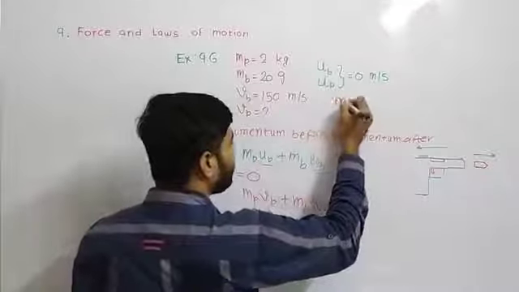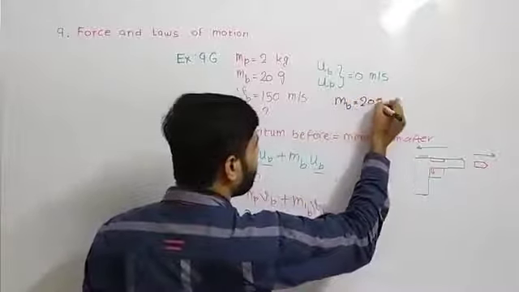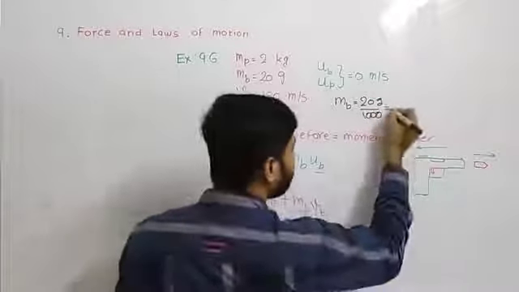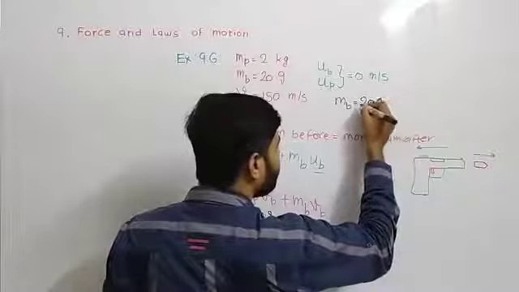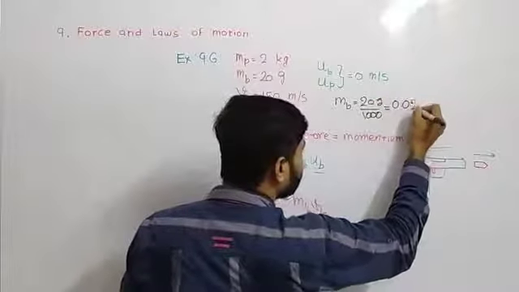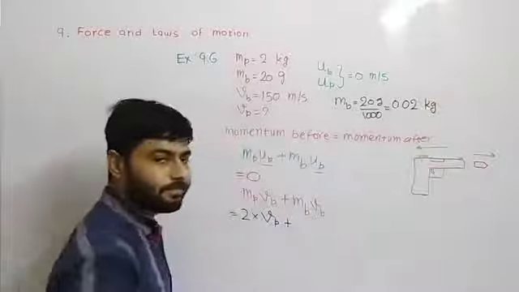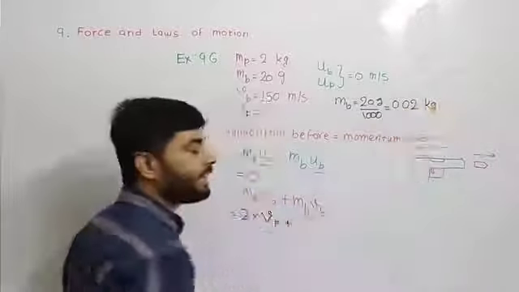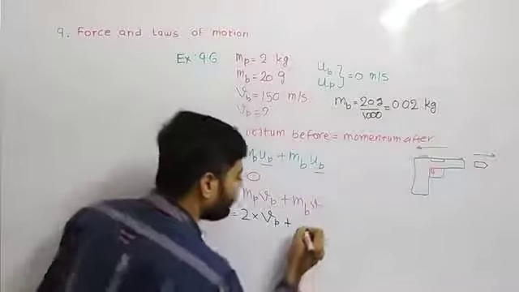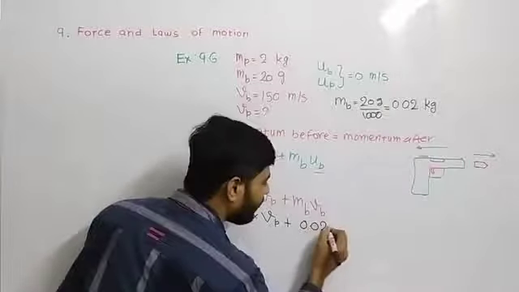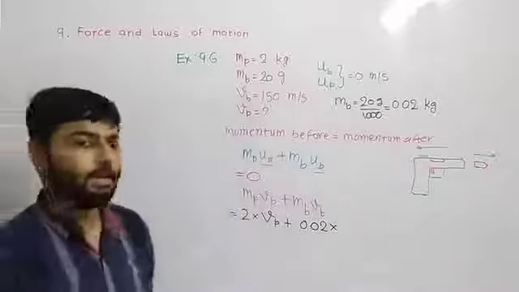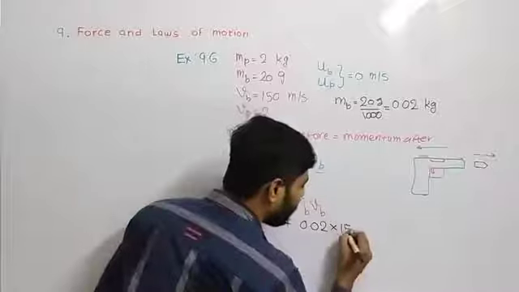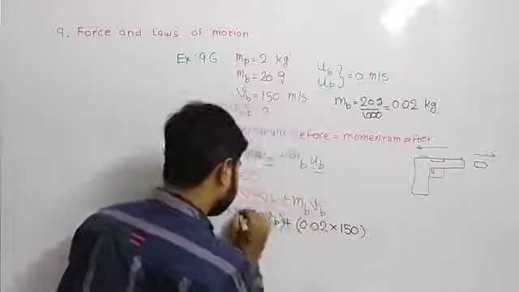So MB is equal to 20 gram divided by 1000, shifting the decimal point three places, that is 0.02 kg. So I have 0.02 multiplied by VB. What is the velocity of the bullet? That is 150 meter per second.